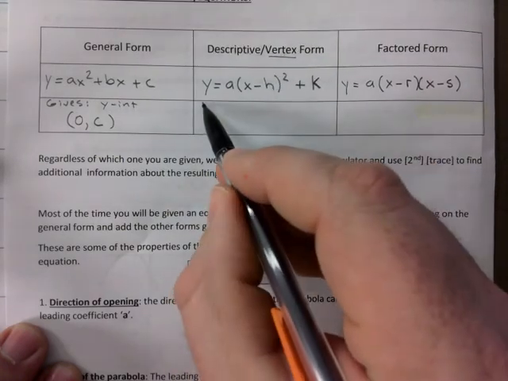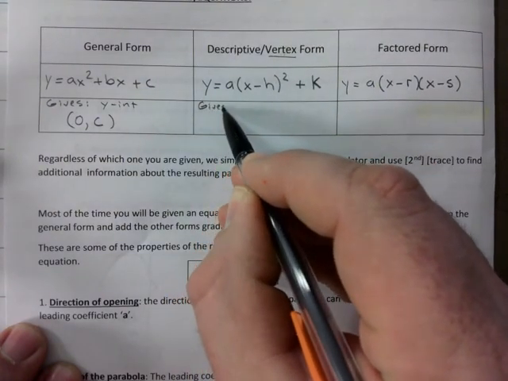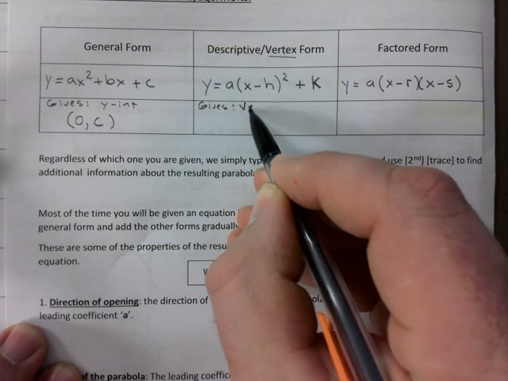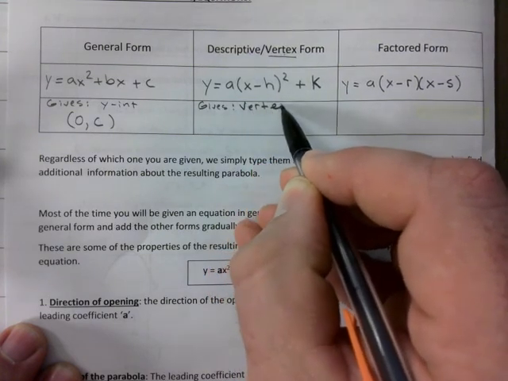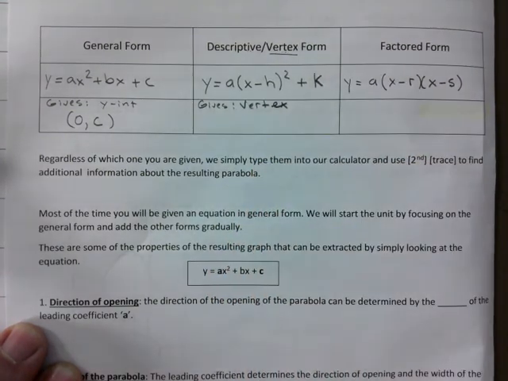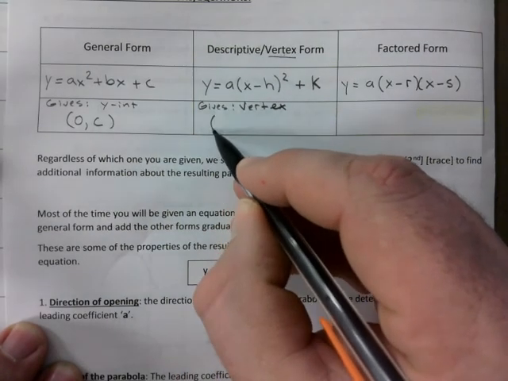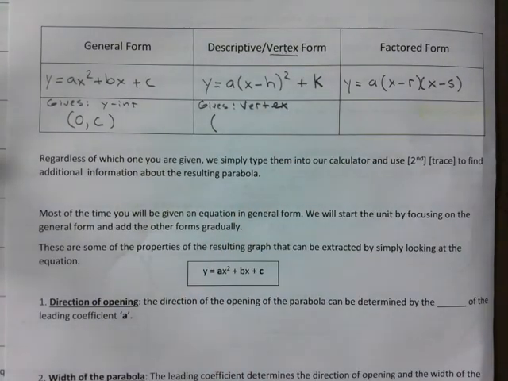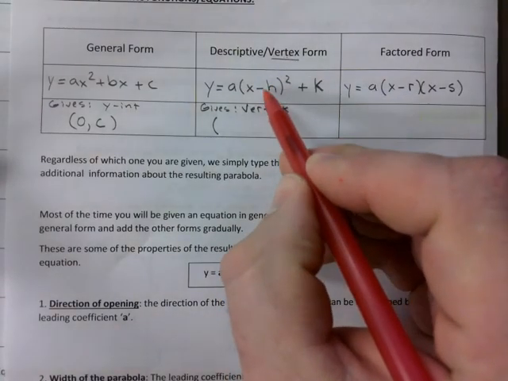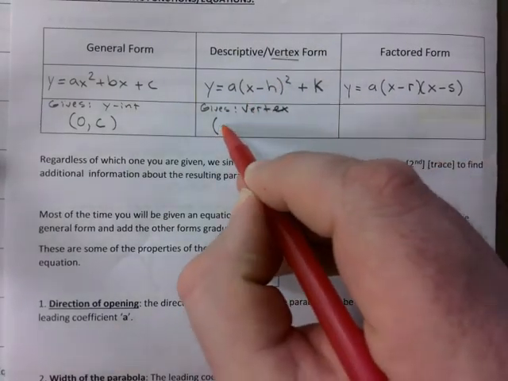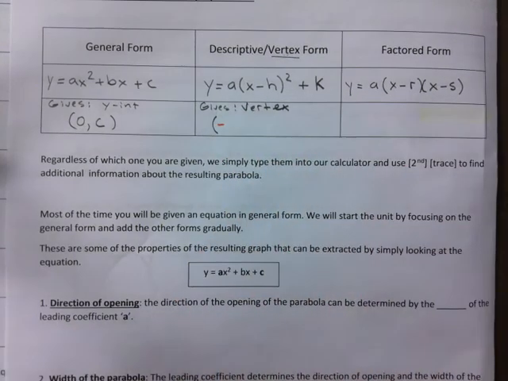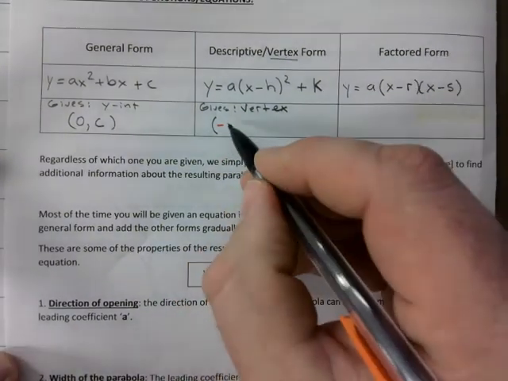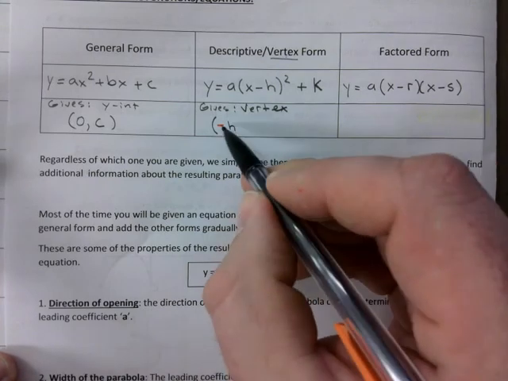This one gives the vertex. That's why it's called the vertex form, by the way. And there's a bit of a trick to it. You need to take, and I will use red pen maybe for this one, whatever value you see in this bracket and you need to change the sign.